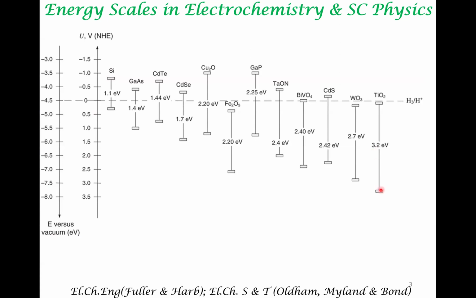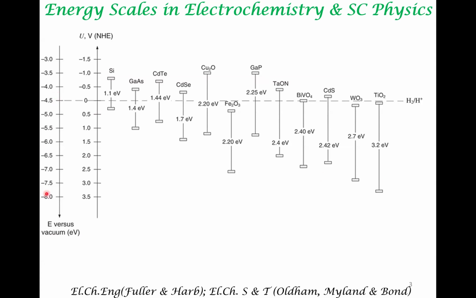If you want to add an electron to the valence band of titanium dioxide, if you ask what is the reduction potential, that would be this quantity somewhere in this region. If you want to add an electron to the conduction band of titanium dioxide, that'll be some quantity here.